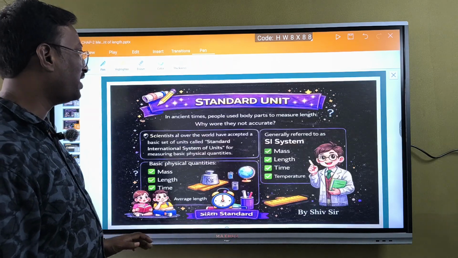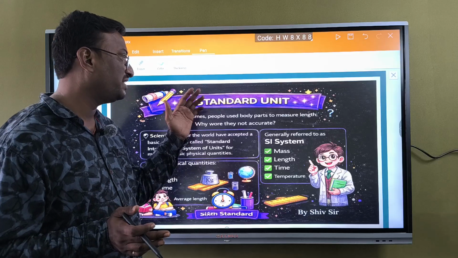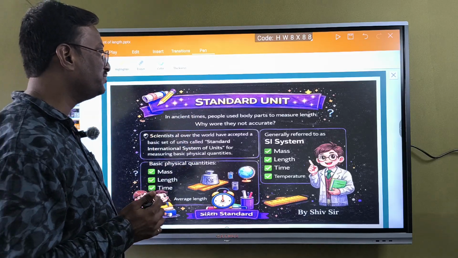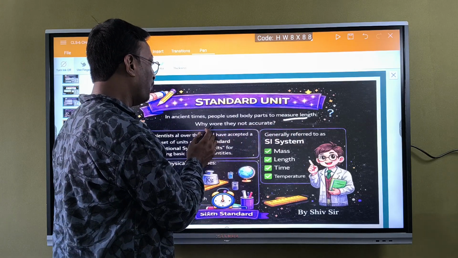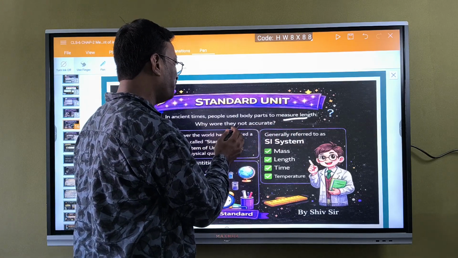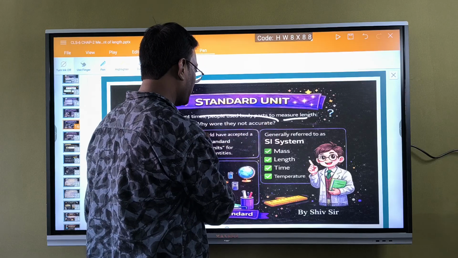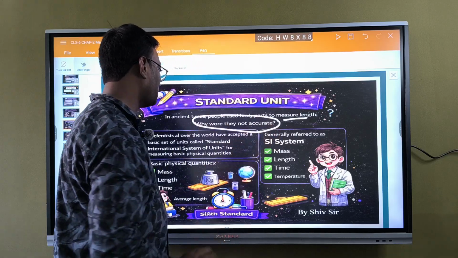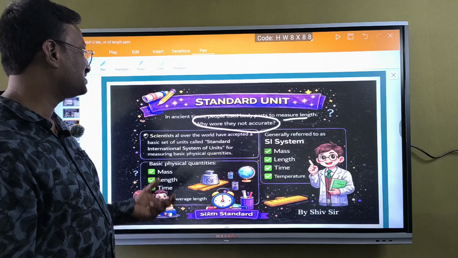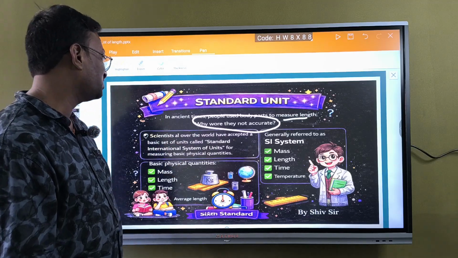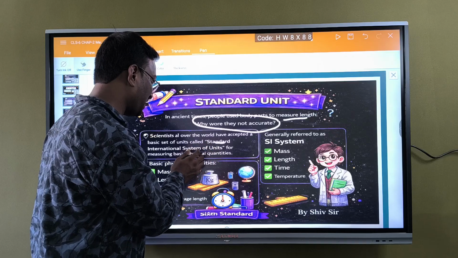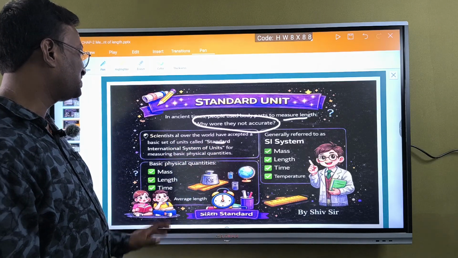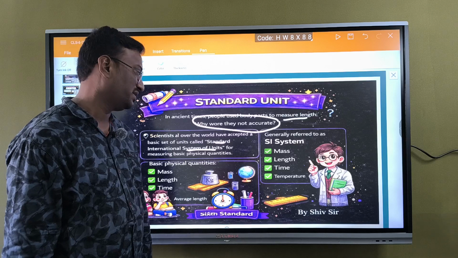So for that what we have done, we have chosen a standard unit. In ancient times people used body parts to measure length. They are not accurate, because I have already told you why. So for that sake, scientists all over the world have accepted the basic units called the Standard International or System International units for measuring the basic physical quantities.